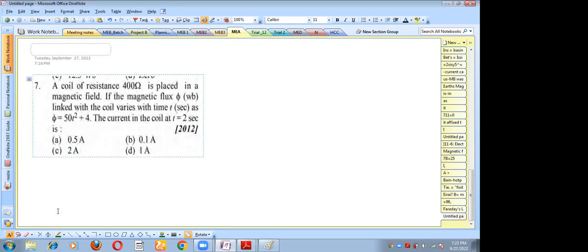So yes, we have to do that. E is equal to d phi by dt, right? So EMF will be equal to d phi by dt.